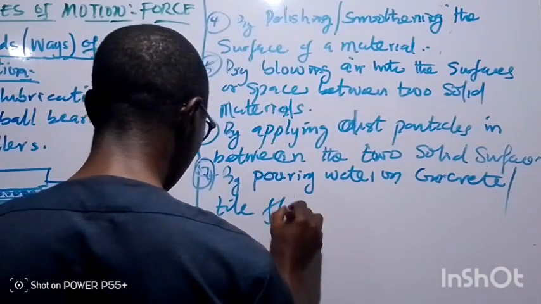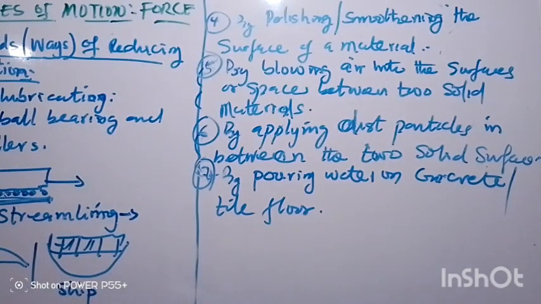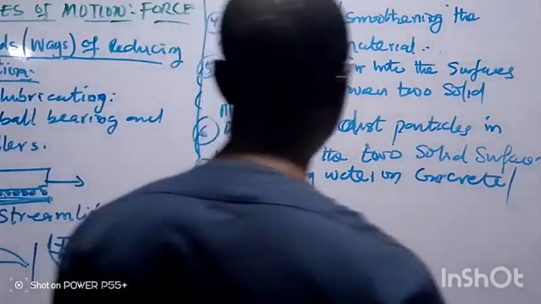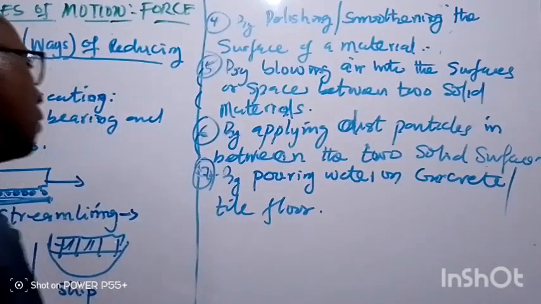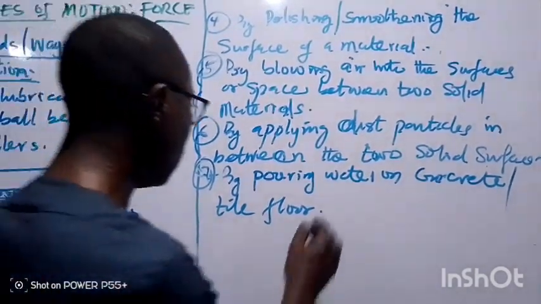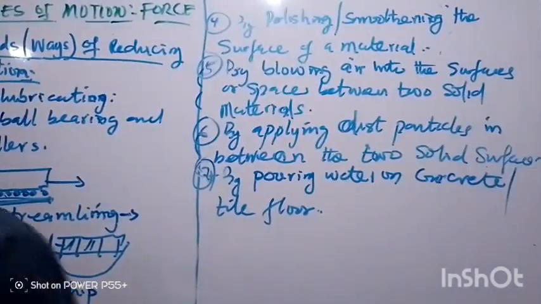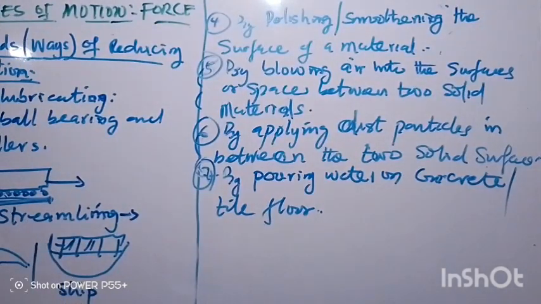When you do that, already you reduce friction. If you step on it, definitely such a person will fall down because the friction has been reduced. And these are the possible ways or methods of reducing friction.